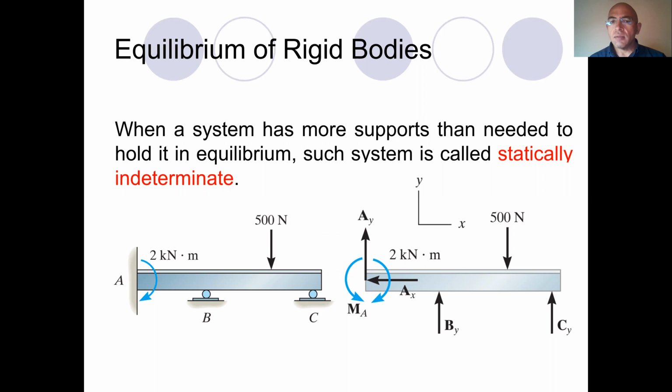In this case, because generally we don't know the support reactions, we need to calculate them in order to make the design. And in this case, the system is over-constrained. Therefore, we call such a system statically indeterminate. So this is one important thing.